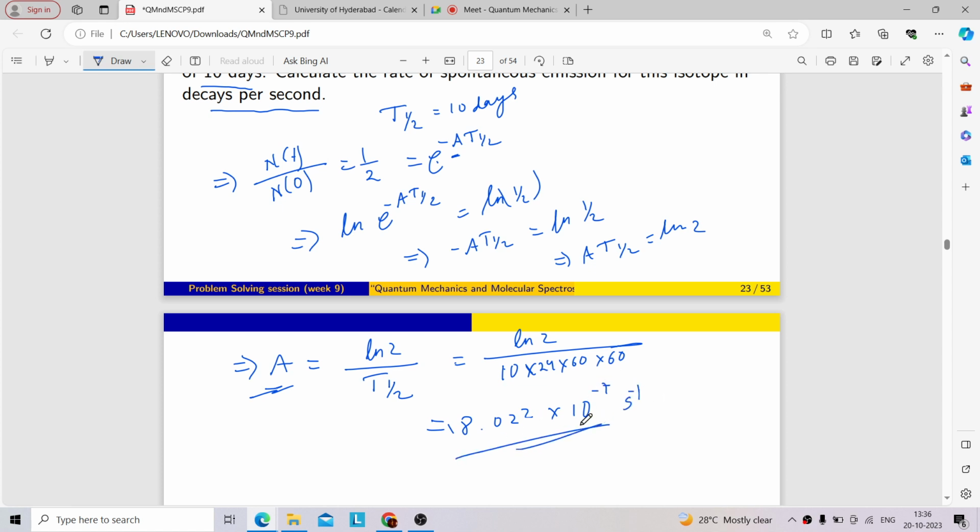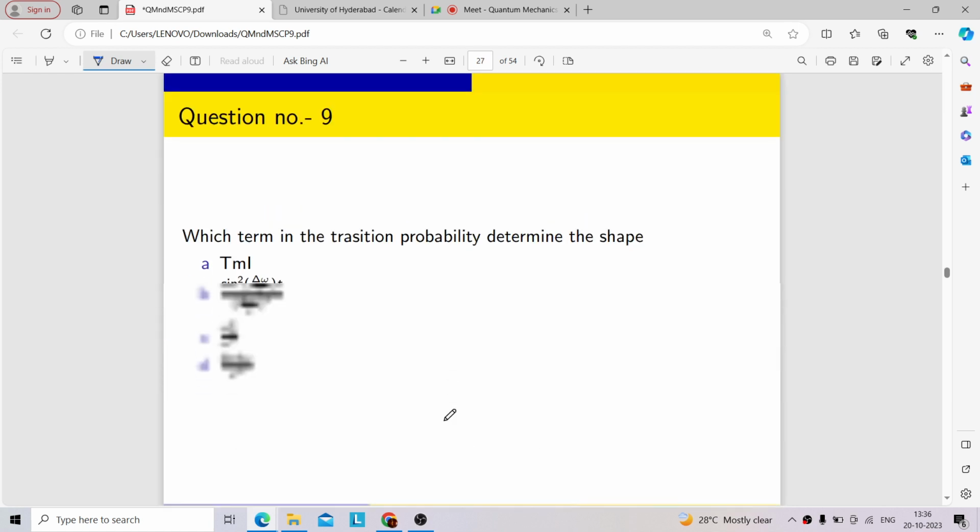So this is the spontaneous emission rate. Okay, so this is not 18, this is 8. Then we'll move on to the next question.